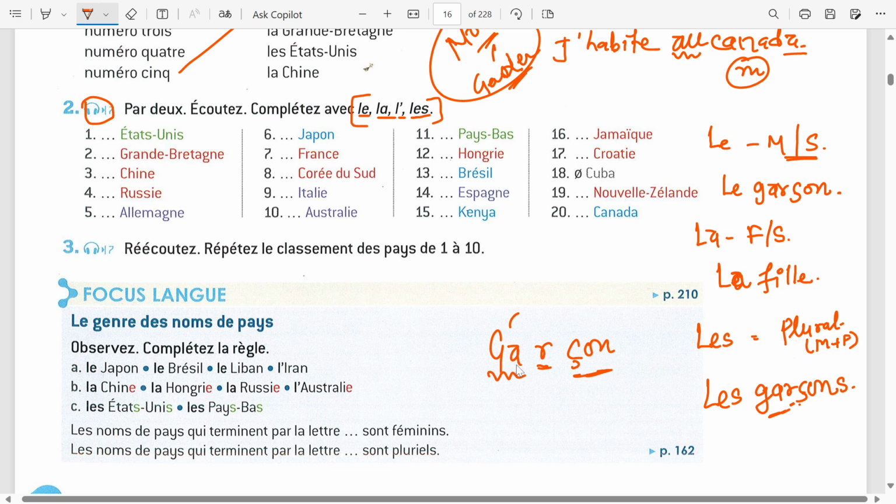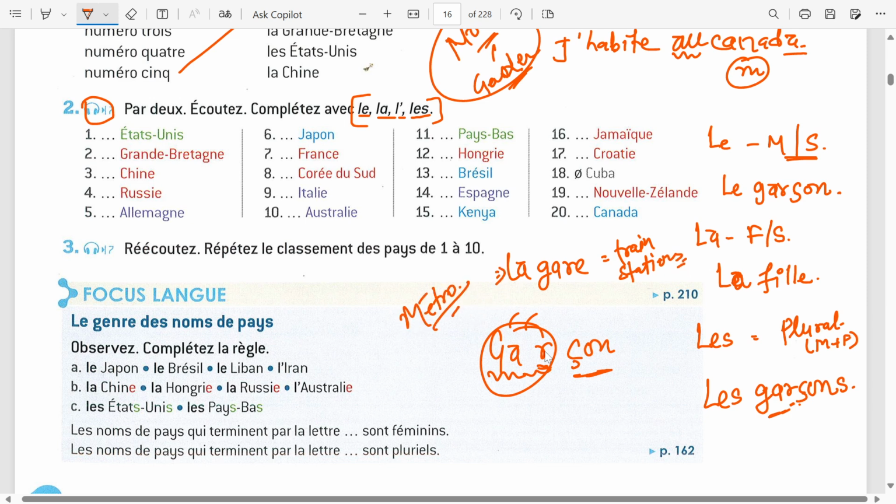So first is gar, which is together. You can say gar together, like saying gare, one word in French which means train station. La gare means train station, specific to train stations, not the metro. For metro, we have the word metro.